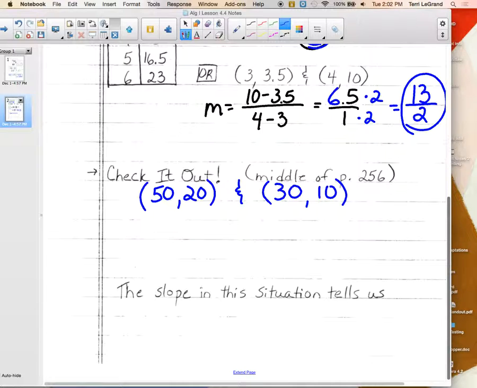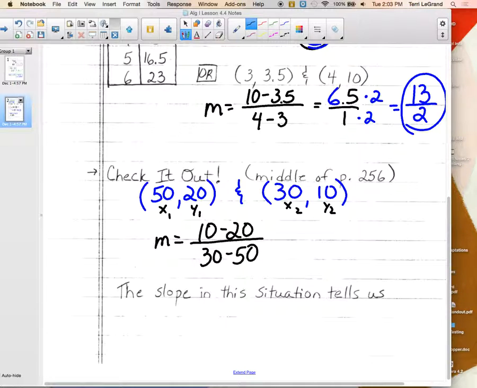Okay, so let's do our slope formula. Let's make this x sub 1, y sub 1, x sub 2, y sub 2. So m equals 10, take away 20, over 30, take away 50. 10 take away 20 is negative 10. 30 take away 50 is negative 20.